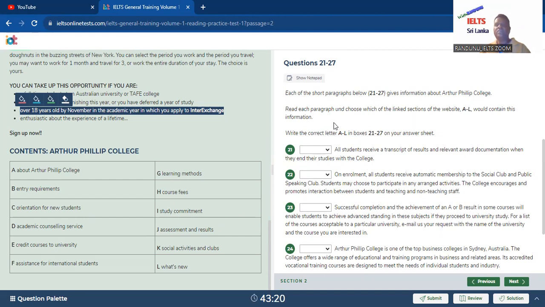This is about the website of Arthur Phillips College. Each of the short paragraphs below, 21 to 27, gives information about Arthur Phillips College.